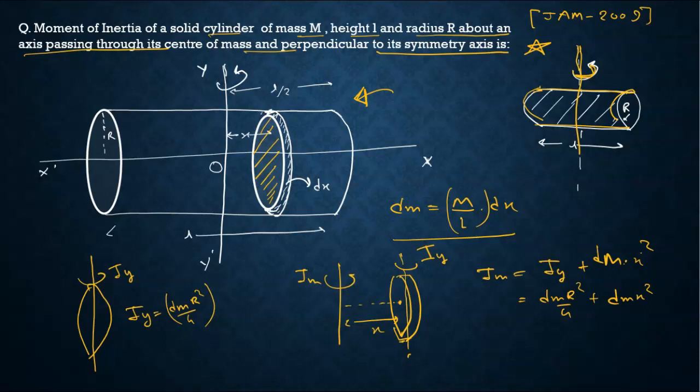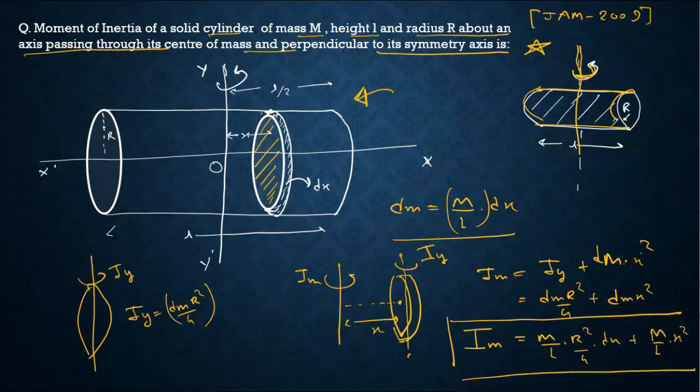Now put the value of dm here, that is m by L into r square by 4 into dx plus m by L into x square. So this is the value of the moment of inertia of the elementary disk, and we have to integrate over the whole cylinder.